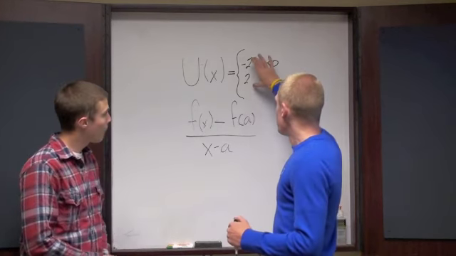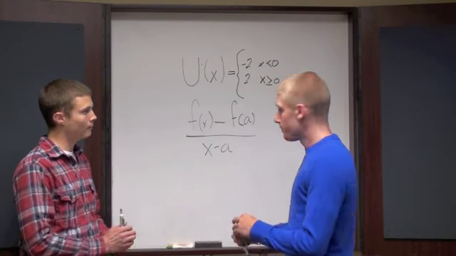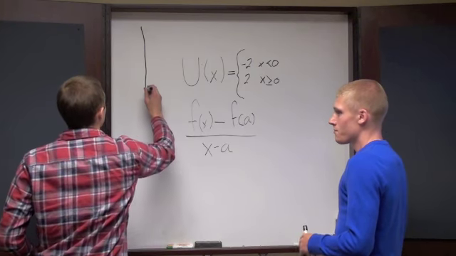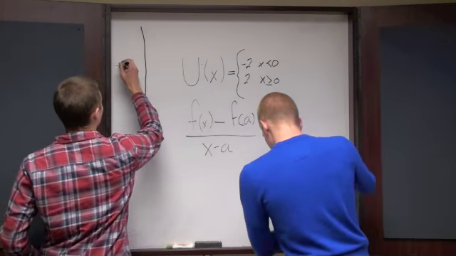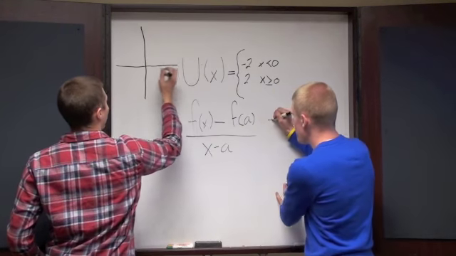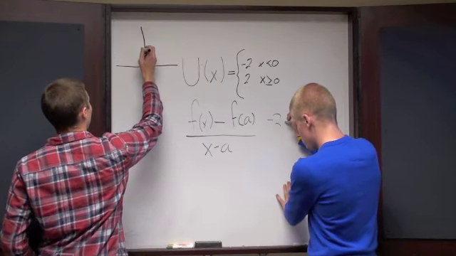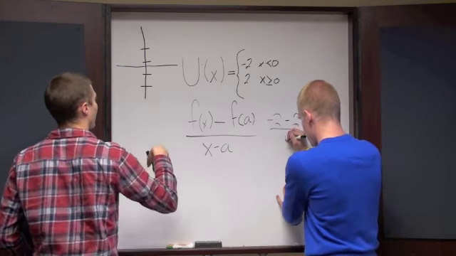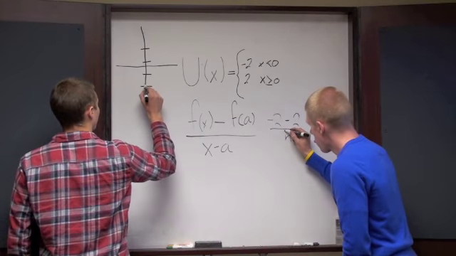Using this equation, we can plug these into this. I'll get busy on the graph. Okay, so anyway, you have -2 minus 2 all over h.